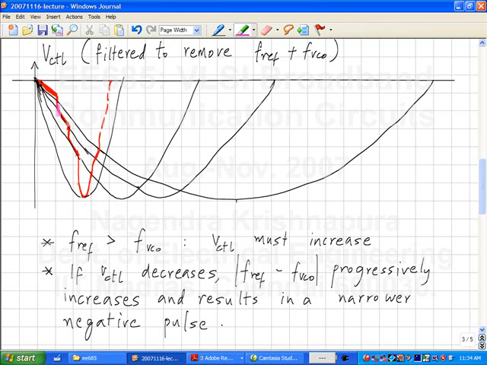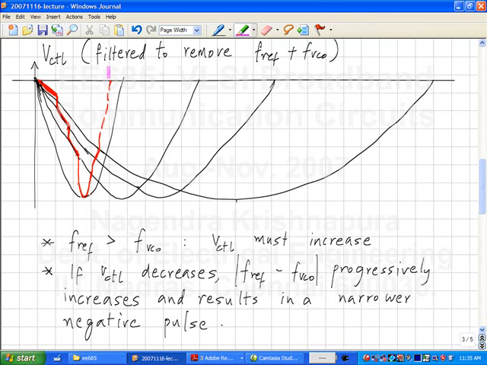So it will switch over to the next one, and that will further increase the difference frequency, and it will switch over to the next and so on. So if it starts off in the wrong direction, the pulse tends to become thinner. If it starts off in the right direction, the pulse tends to become fatter. So on average, it will move towards the right direction.